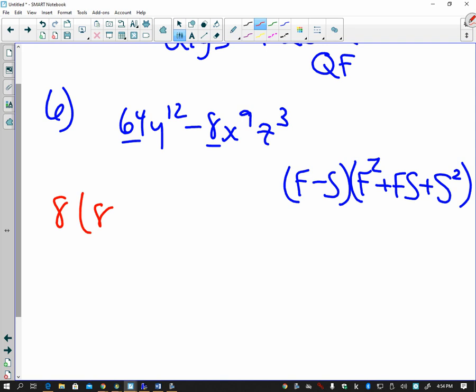Let's see. Actually, this almost looks like a totally different question, but it's 5b. Okay, let's take a look. 64y to the 12th minus 8 x to the 9th z to the 3rd equals 8.